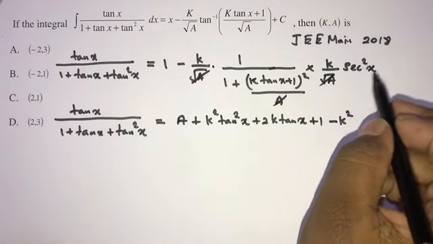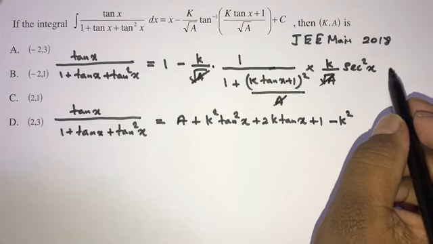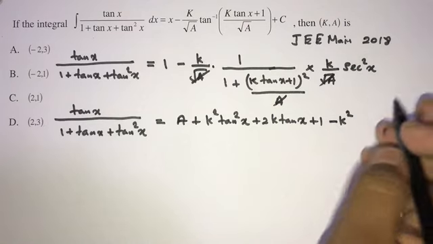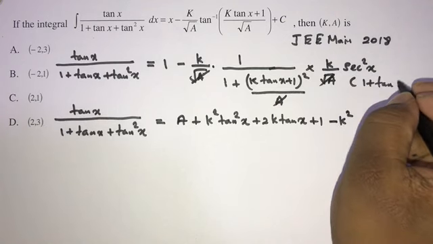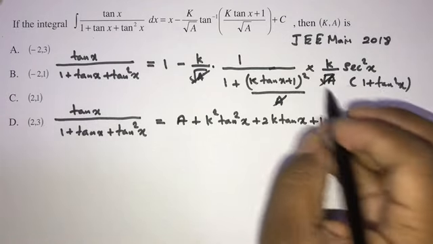We know secant square of x is equal to 1 plus tan square of x, so here 1 plus tan square of x times minus k square.